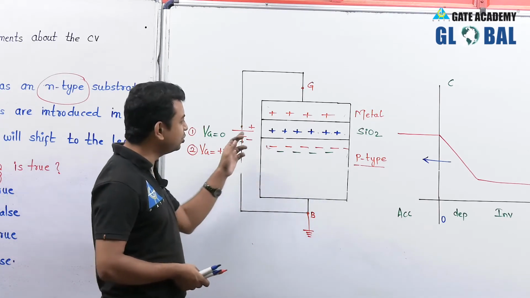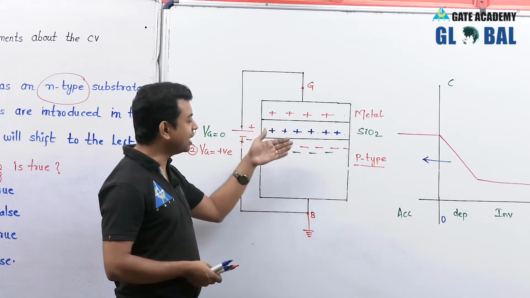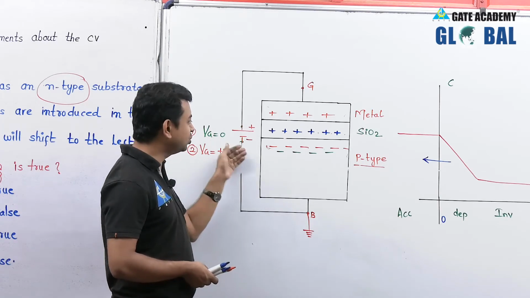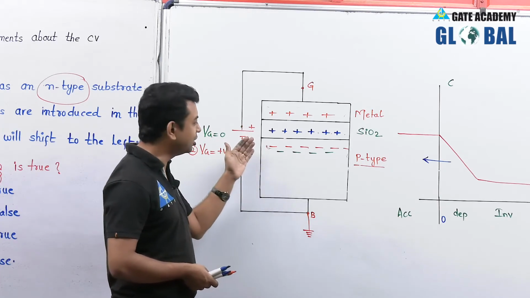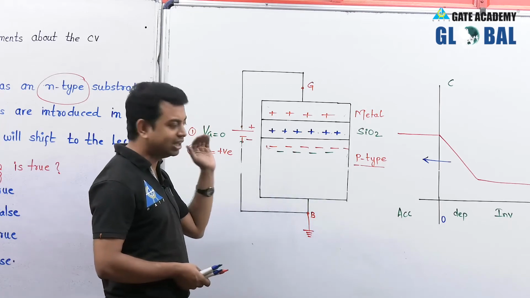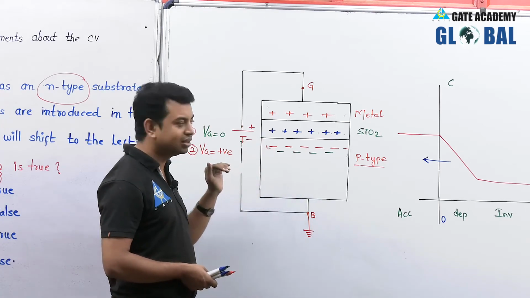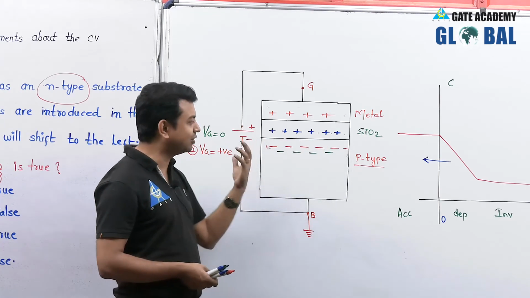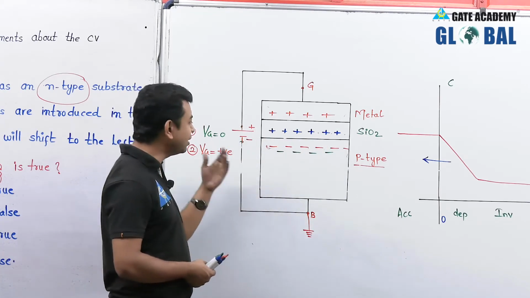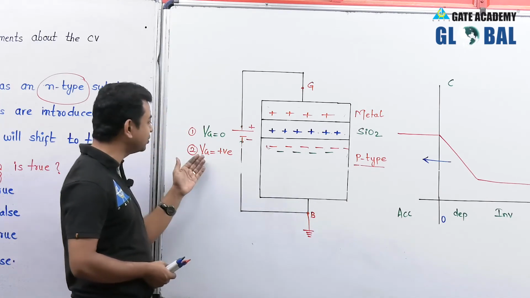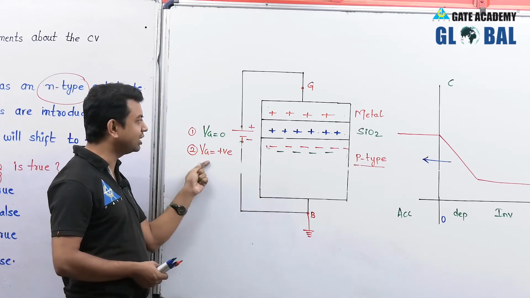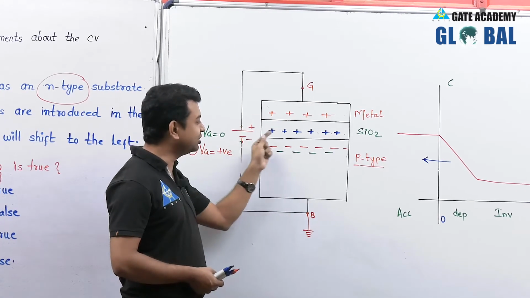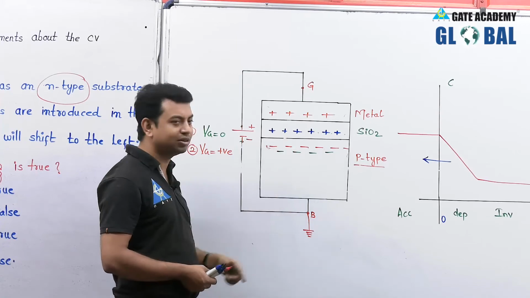If we have not introduced any positive charges, we have to apply more effort from the gate terminal externally so that we can create an inversion charge, that is, negative charges in the semiconductor side. But if we initially introduce positive charges in the silicon dioxide, then we don't have to take so much effort. That means the positive voltage applied at the gate terminal can be of lesser value if initially we have positive charges in the silicon dioxide.